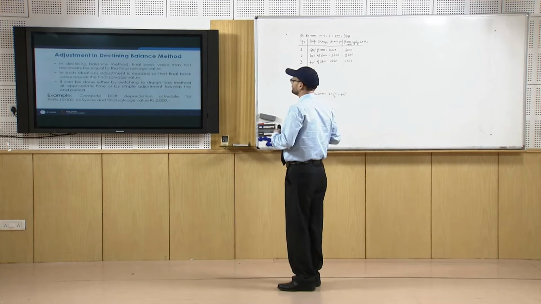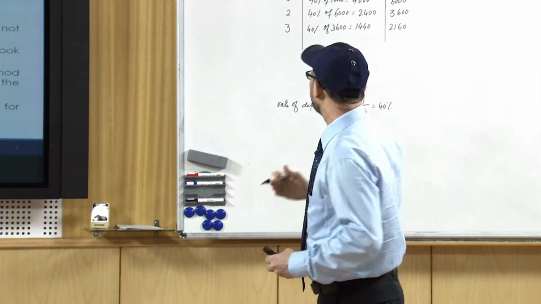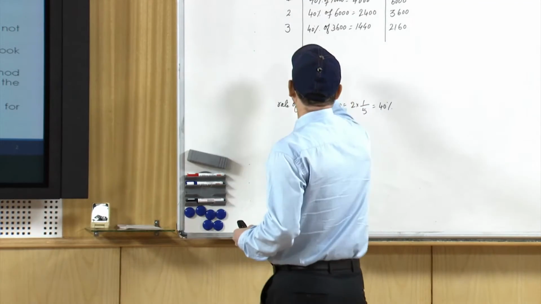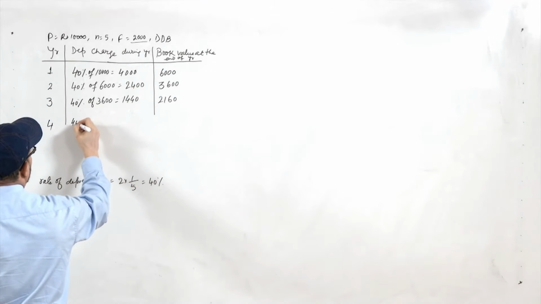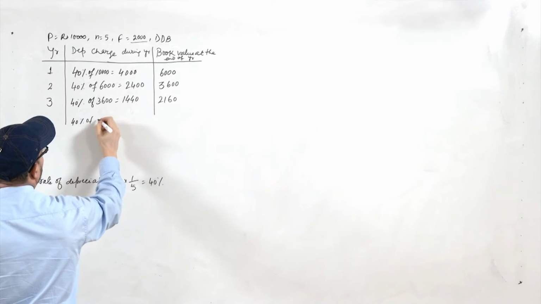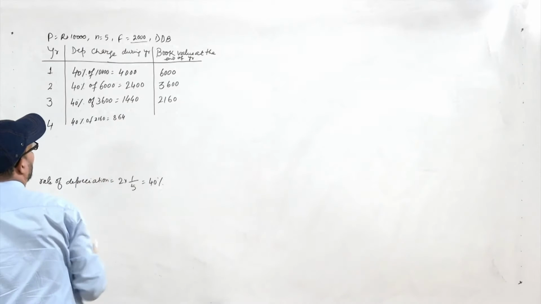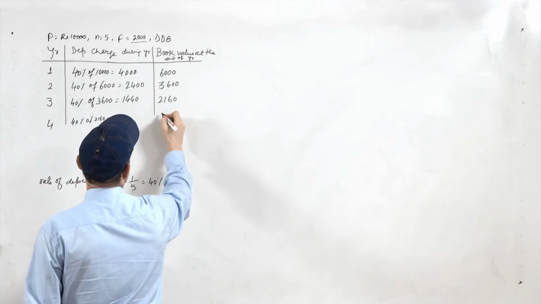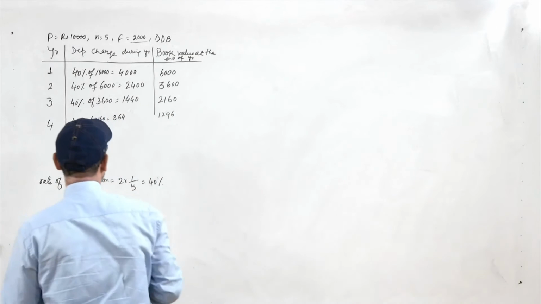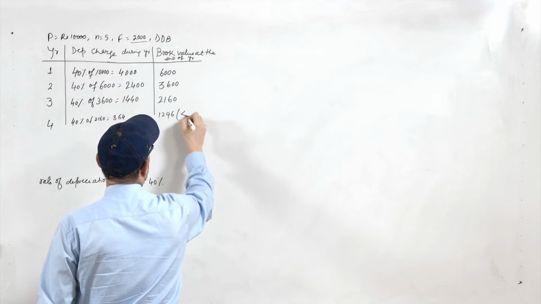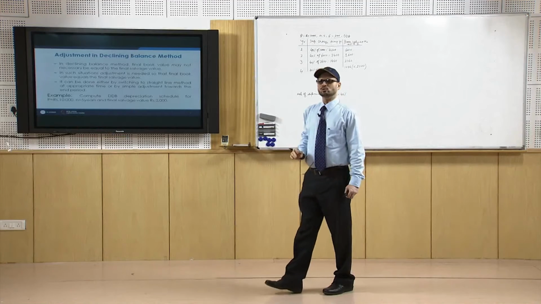If we go for the depreciation during the fourth year at the same rate, if we calculate 40% of 2160, that is 864, and then it comes out to be 1296. Now, this 1296 is less than 2000, which is the salvage value.